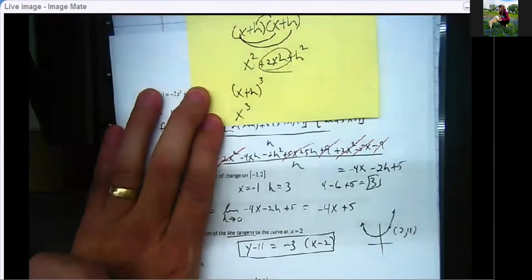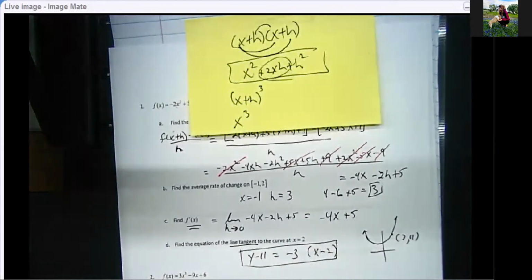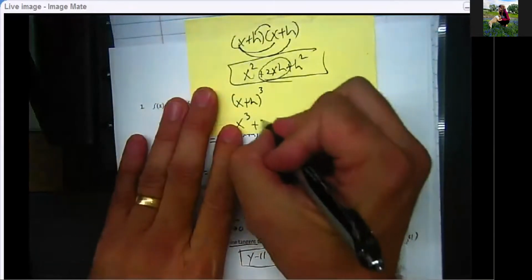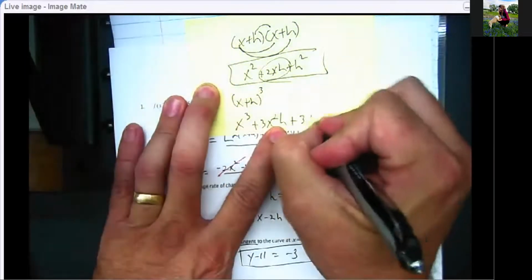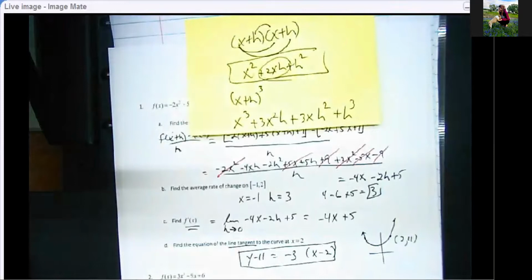You're going to want to write this down. Right here I got x plus h squared, right? By the way, I don't ever make anybody go above cubes. Cubes is as far as we go. I got x cubed, I got 3 x squared h's, I got 3 xh squareds, and I got an h cubed. That's what x plus h cubed looks like if you go ahead and do that.